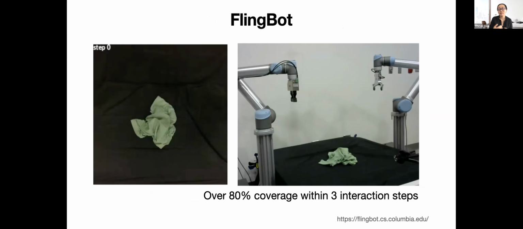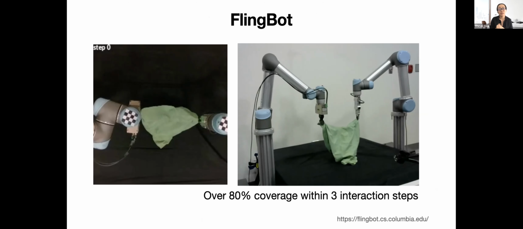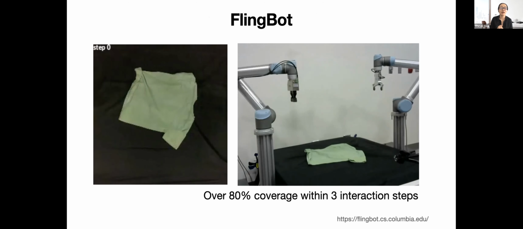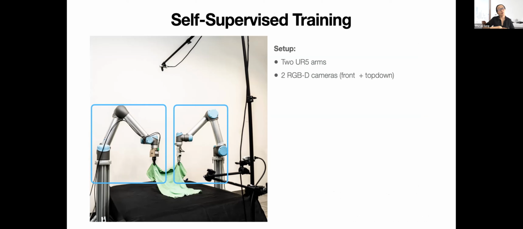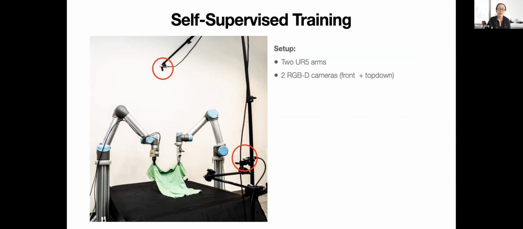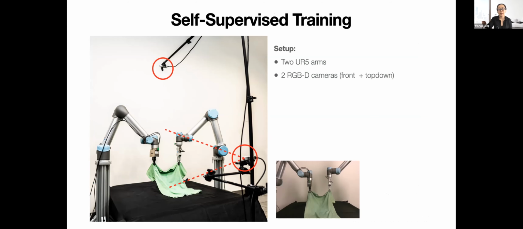Using this idea, we designed our system FlingBot, which is a fully self-supervised system that is able to achieve over 80% coverage with, on average, 3 interaction steps. In our experiments, we use 2 UR5 arms with 2 RGBD cameras. The first one takes a front view of the workspace after the cloth is picked up.